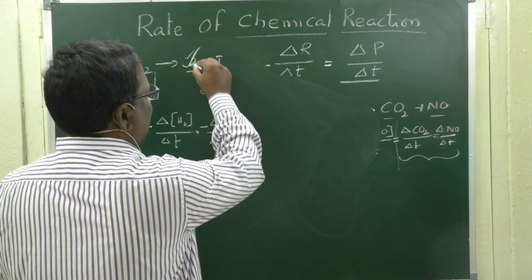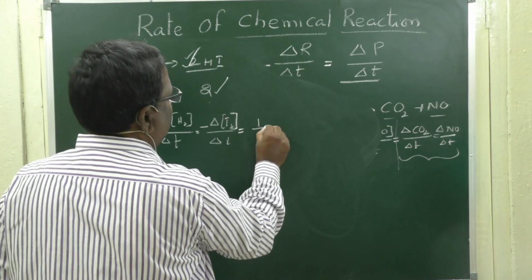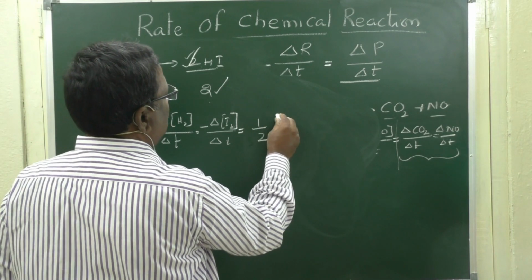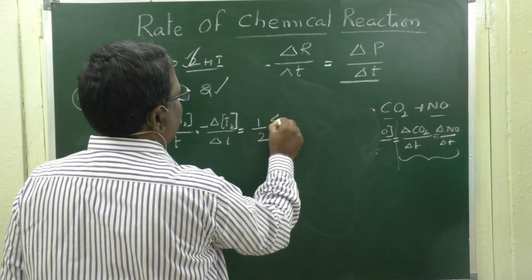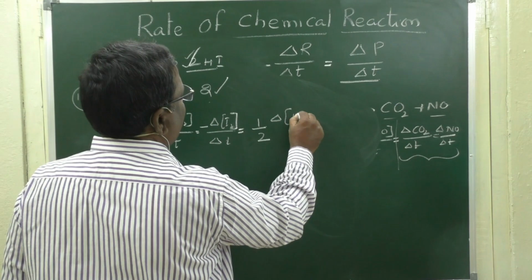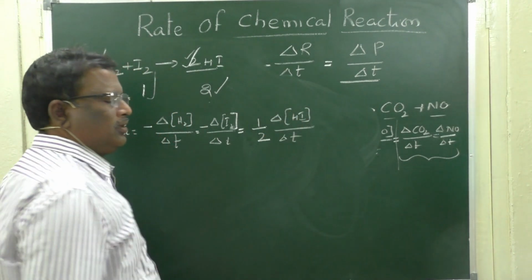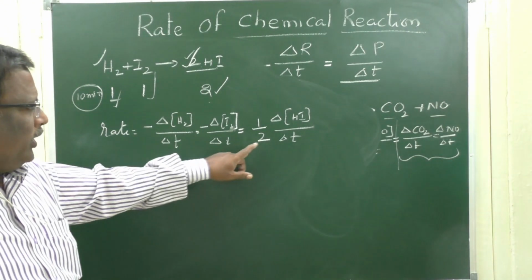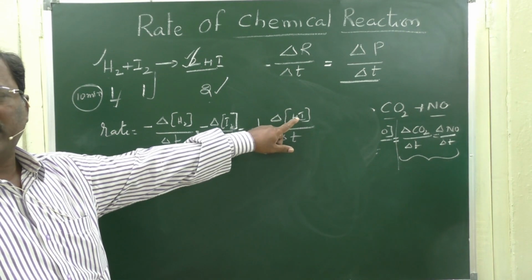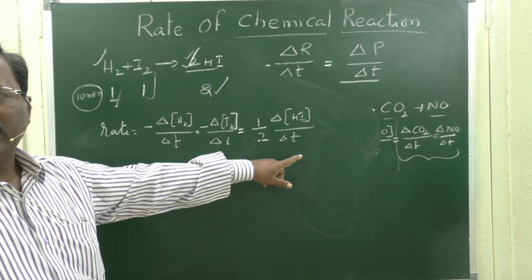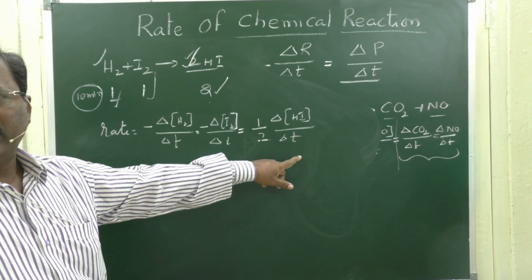So, while expressing the rate with respect to HI, you should write 1 by 2 delta concentration of HI by delta T.